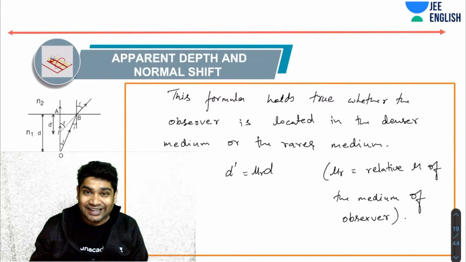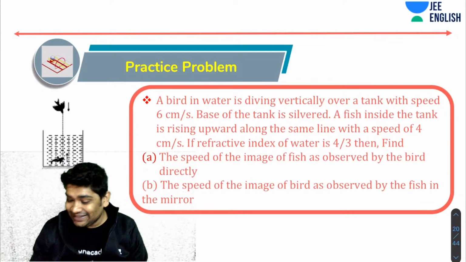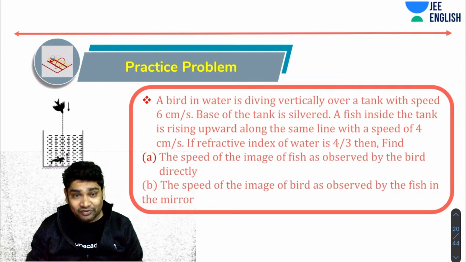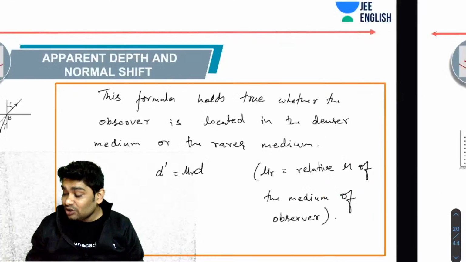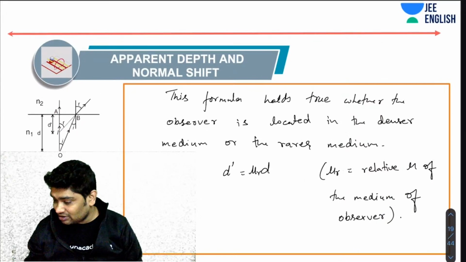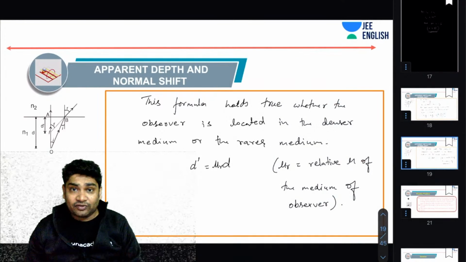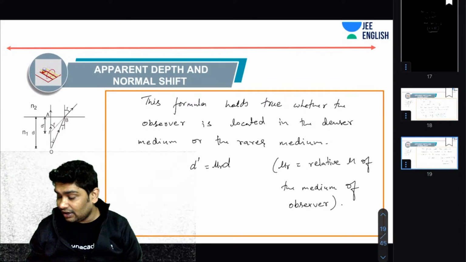With that, let's move on and see such questions. There are a lot of questions that are asked from this fact. A typical kind of question asked regarding this is related to bird and fish problems.